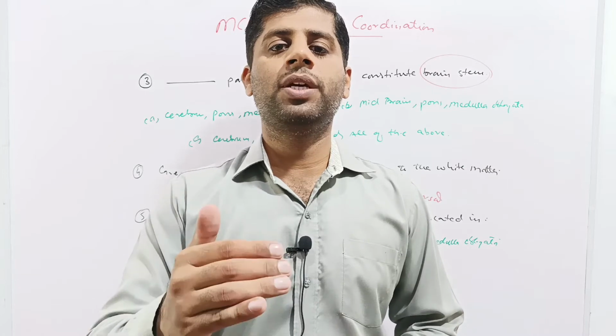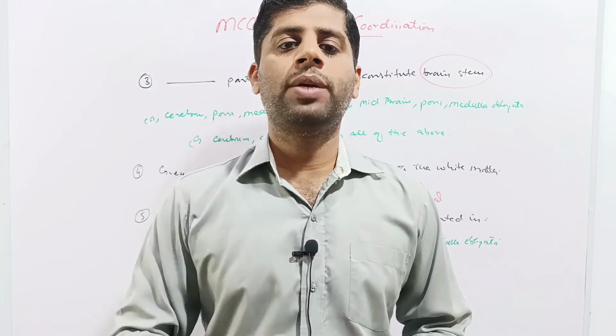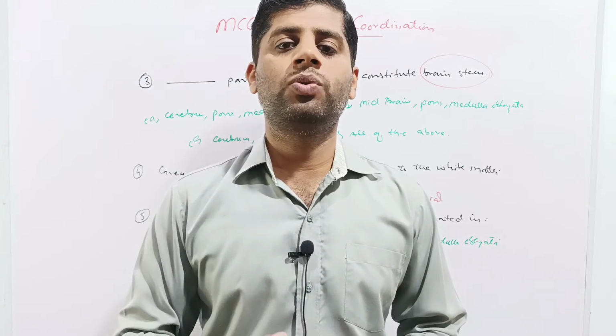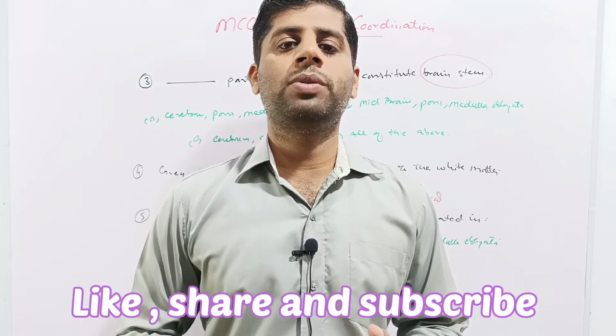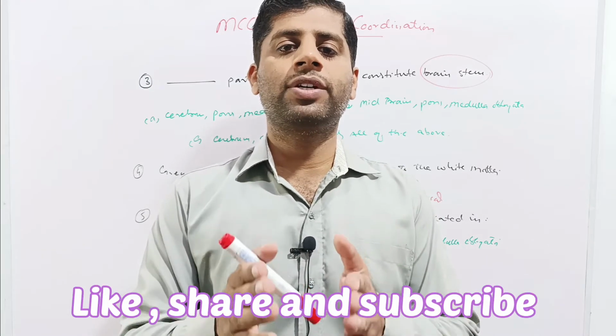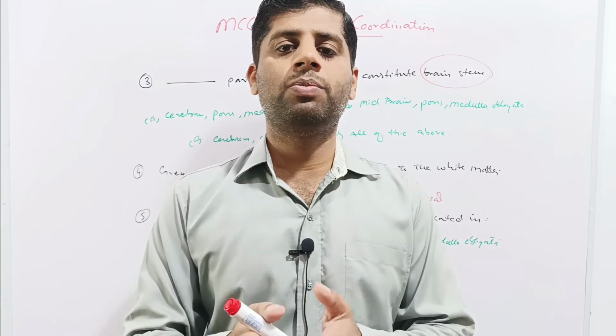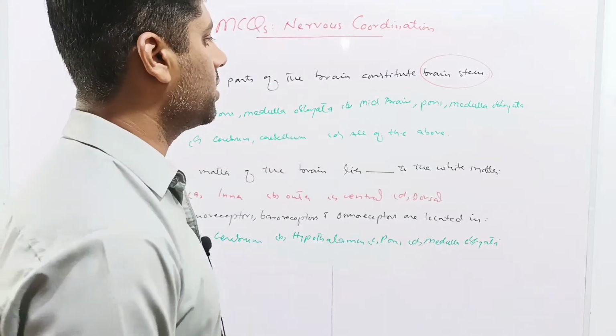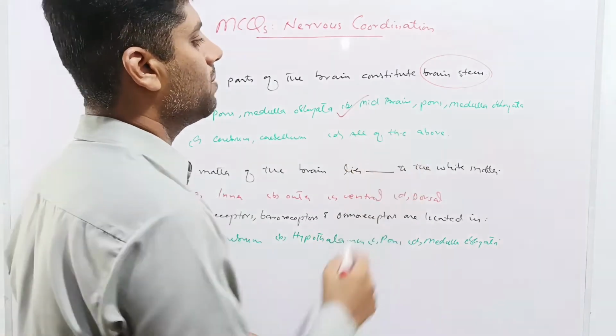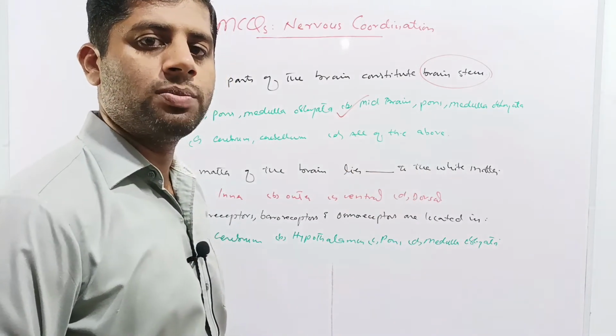For example, the midbrain, below which is the pons and below which is the medulla oblongata, continued with the spinal cord. So these 3 parts of the brain lie in a stem-like fashion extending from the midbrain, then pons, then medulla oblongata. So these constitute the brain stem. Here option B is correct, that the midbrain, pons and medulla oblongata constitute the brain stem.